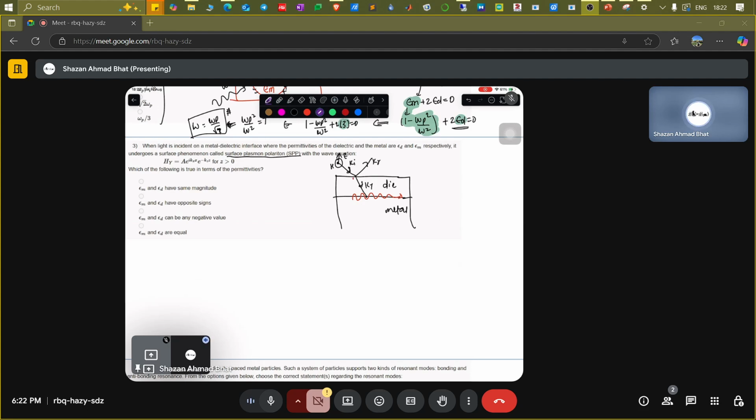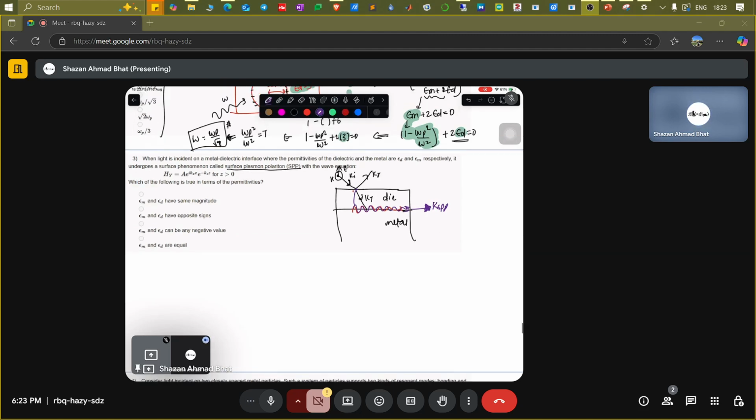The transmitted part will be exponentially decaying, so that this exponential decaying can couple with the surface plasmon polariton, and it can go in this direction. So this is K surface plasmon polariton, this particular direction. Now what is it saying? So this is epsilon dielectric, this is epsilon metal.